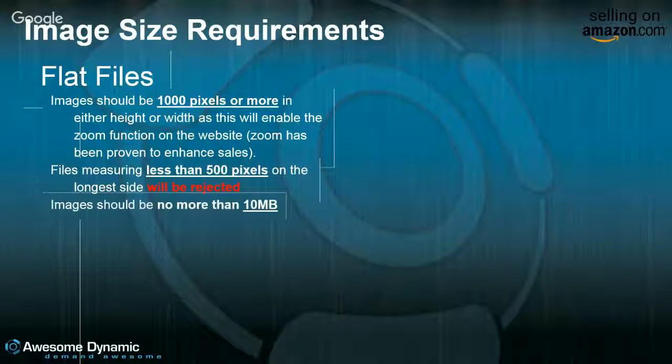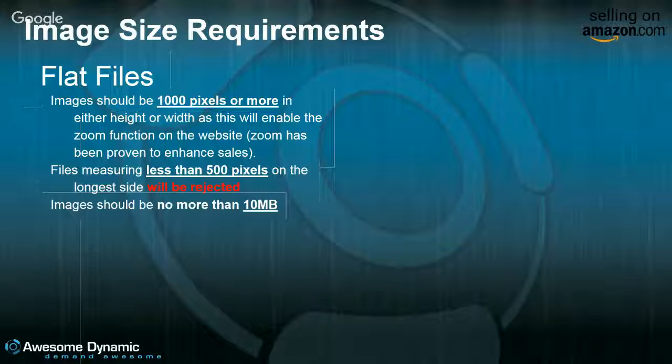And then the next thing is that images should be no more than 10 megabytes. Before, it used to be 4 megabytes, but it looks like Amazon has upgraded that limit to 10 megabytes per photo. That's a large photo. I don't think anyone's really going to be reaching that limit.